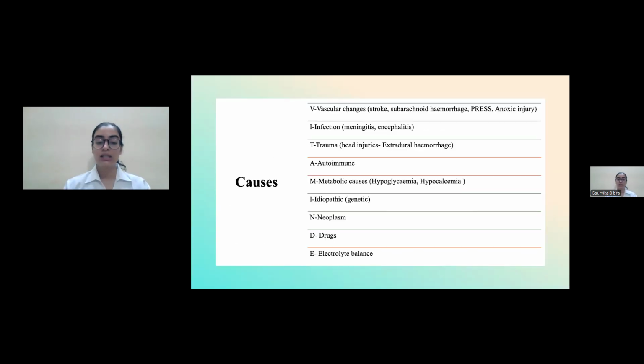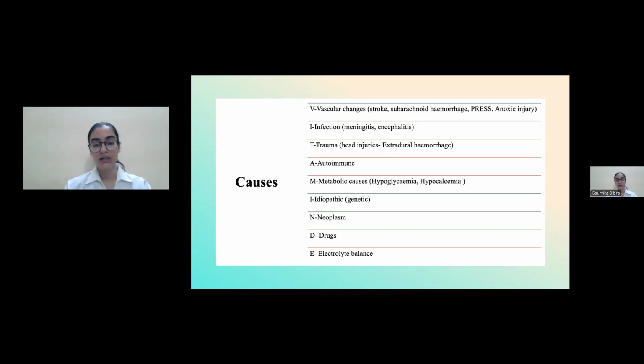The causes we can learn from a mnemonic, which is vitamin D and E. I have written it down. These are causes of epilepsy. So the causes include: V stands for vascular changes, stroke, subarachnoid hemorrhage, anoxic injuries. I is for infection, including meningitis or encephalitis.